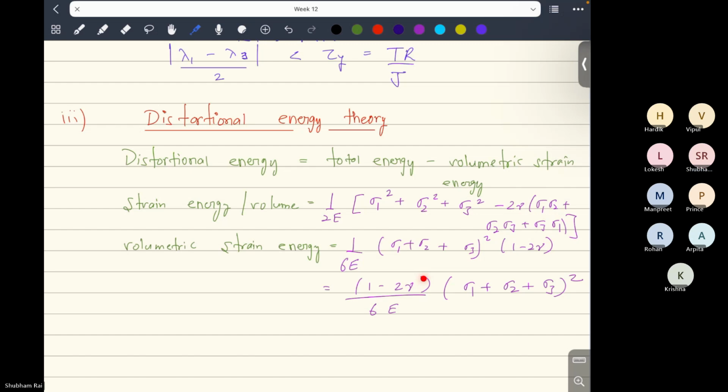So if the Poisson ratio is negative, the transverse strain will become positive.